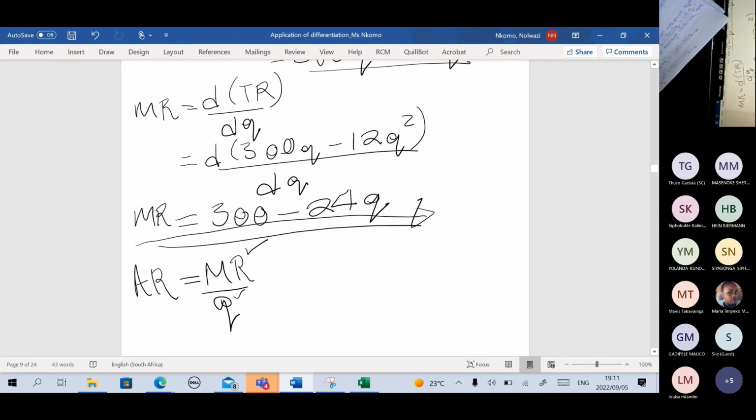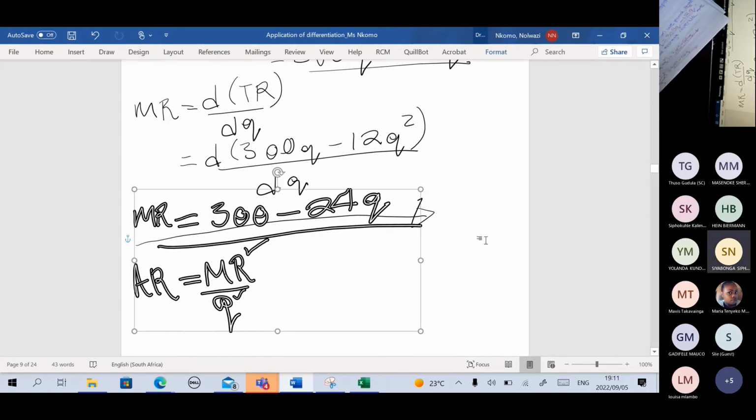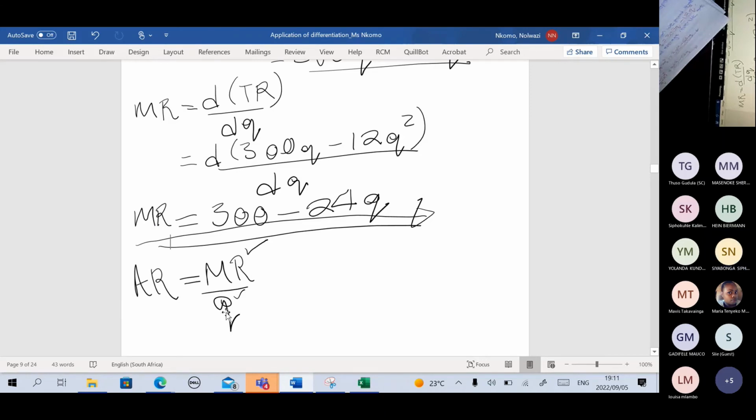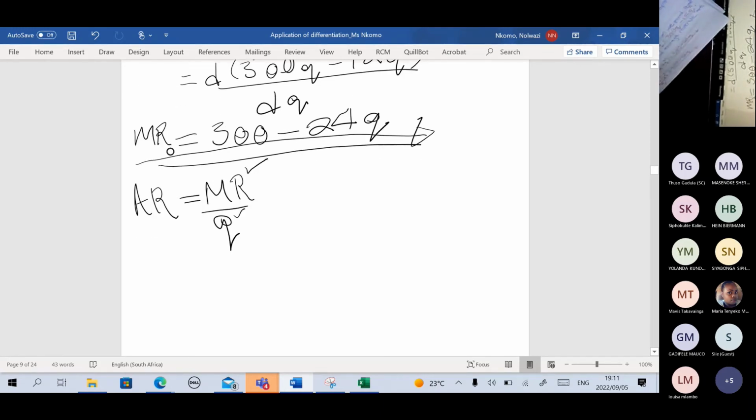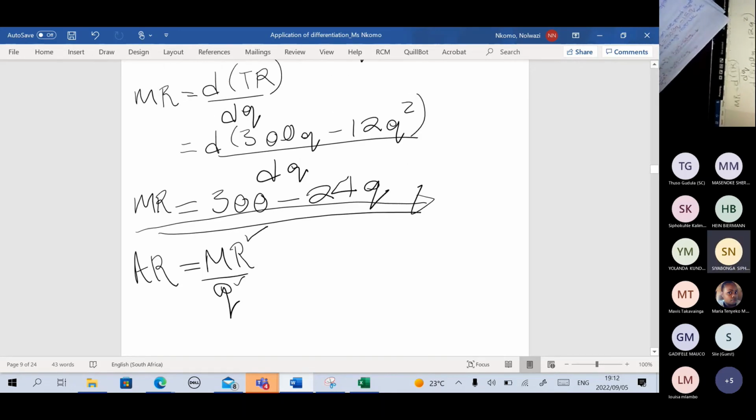Now this is the average. Shouldn't it be TC? In fact, it is supposed to be TC over Q. What is this?